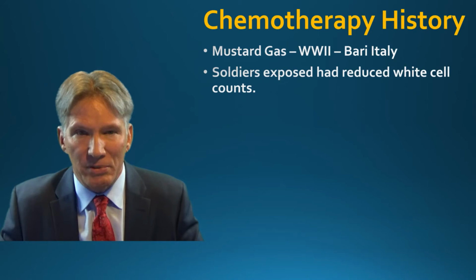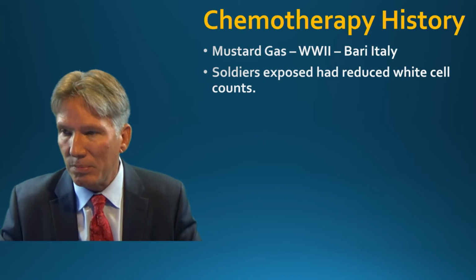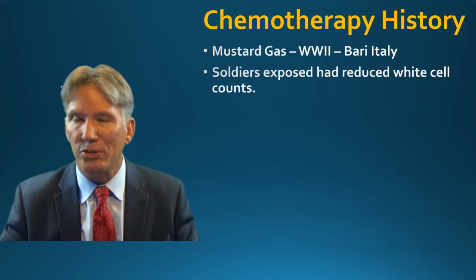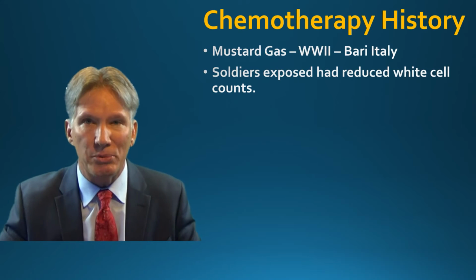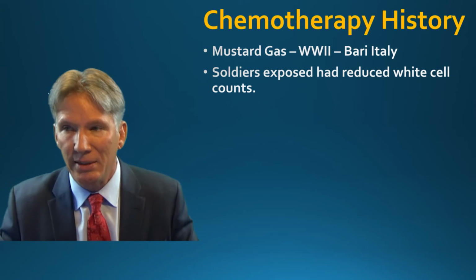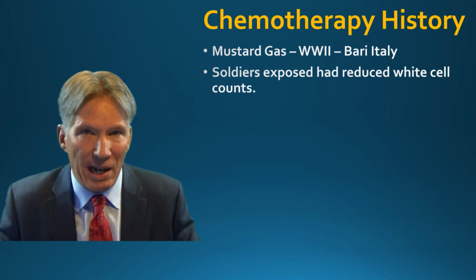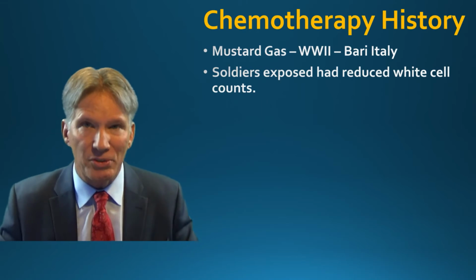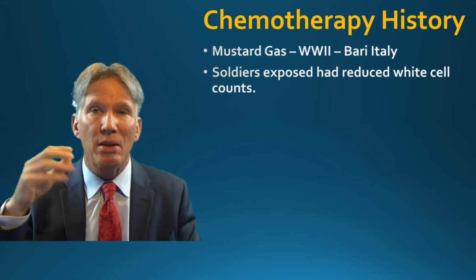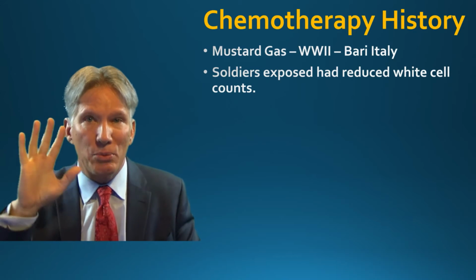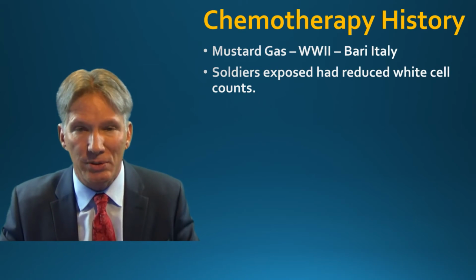A lot of the sailors and soldiers that were on the U.S. ships were exposed to mustard gas. And so, the medical professionals took stock of what happened to them after they were exposed to the mustard gas, and it showed, son of a gun, that one of the things that happened was their white cell counts reduced.